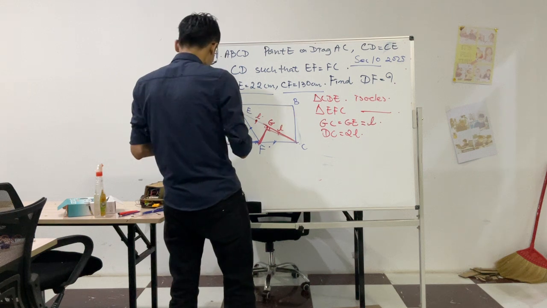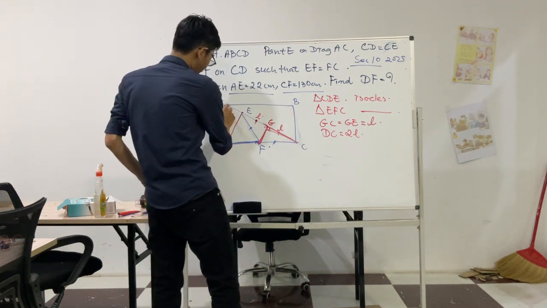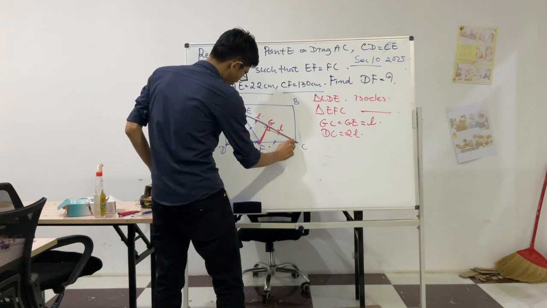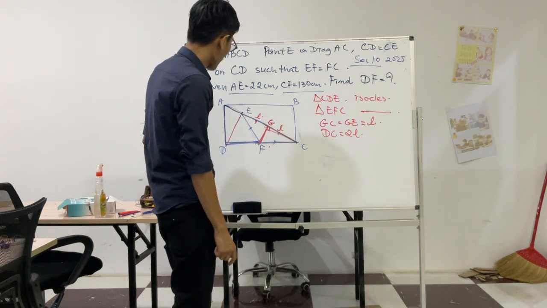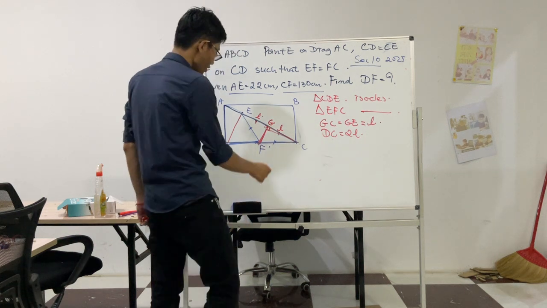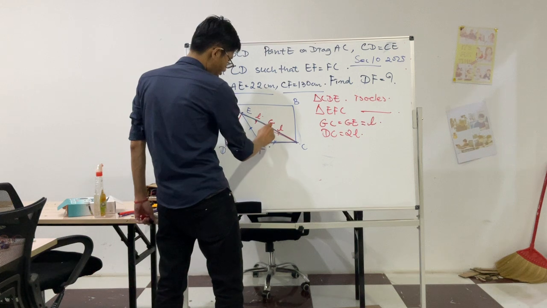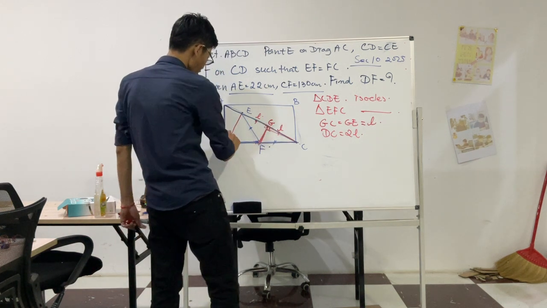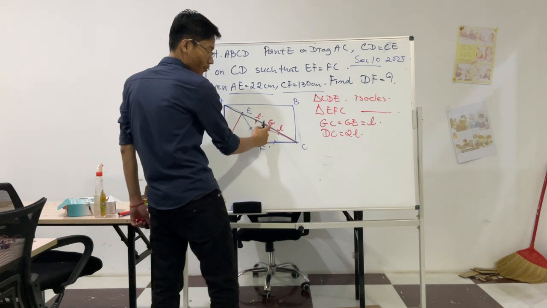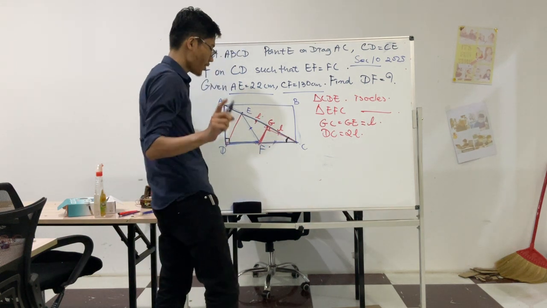Next we need to check these two triangles. If you look at these two triangles, this big triangle ACD, which is half of the rectangle, and this triangle CGF here, these two triangles are similar. Why? Because both have a perpendicular, these two are perpendicular, and they have one common angle.